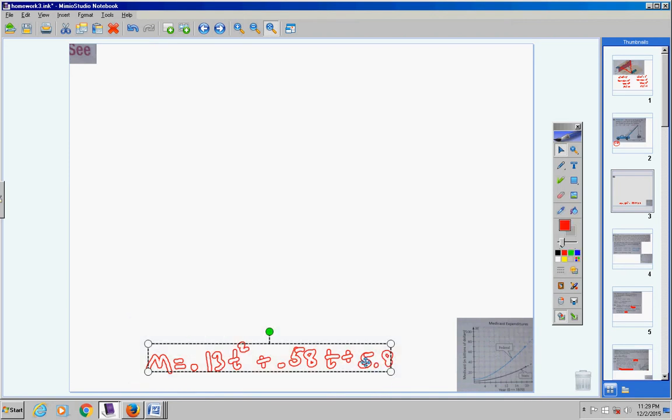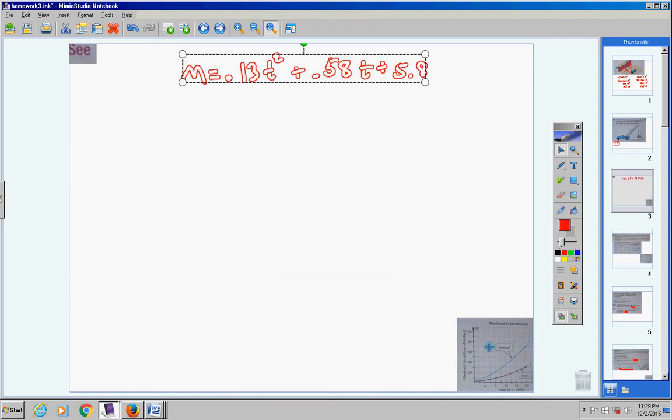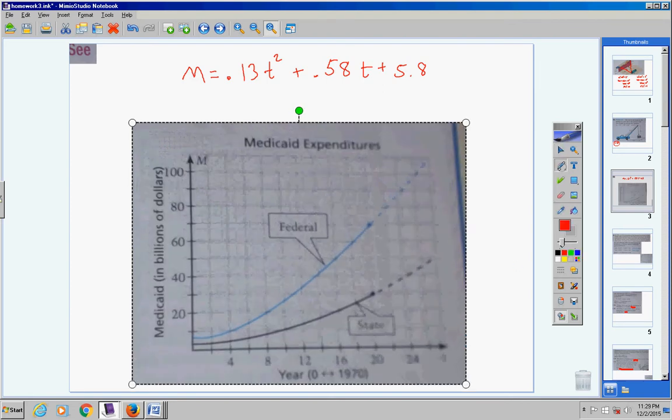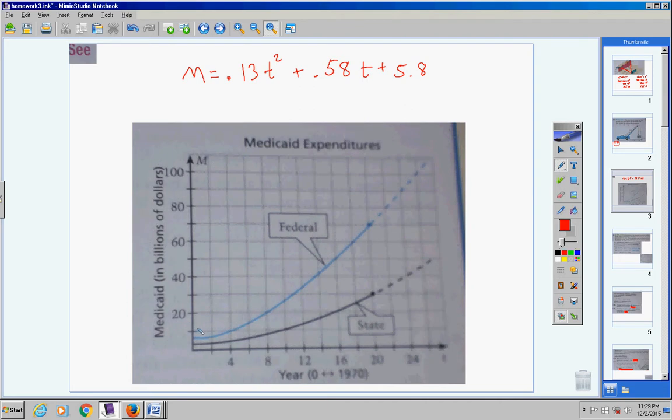Now, let's do it the easy way first. Look at the graph, and we can estimate this. Here's the federal, that's the one we want, the blue line. So let's go up to 28, here's 10, 20, 30, so 28's about right there.